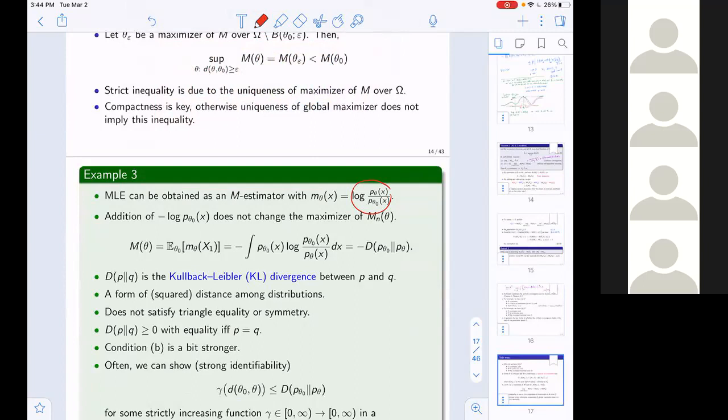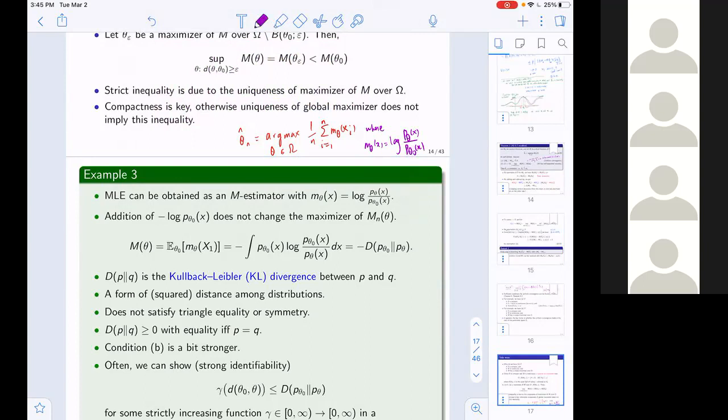So this we can't implement in practice, so you can't optimize argmax over theta in omega of 1 over n sum of m theta of xi, where m theta of x is log p theta of x divided by p theta naught of x, because I don't know theta naught, so I don't know m theta.